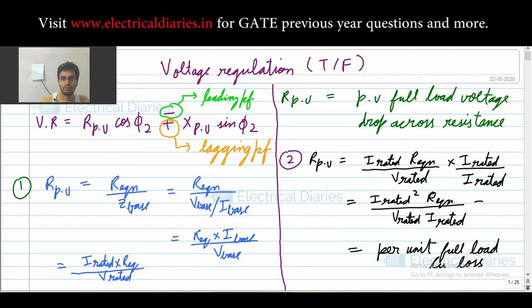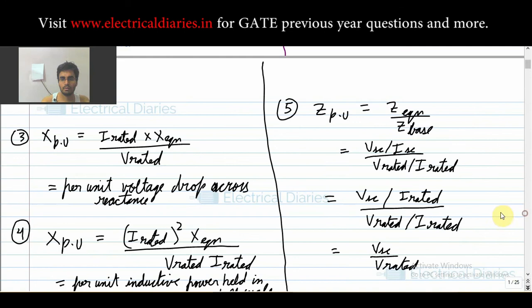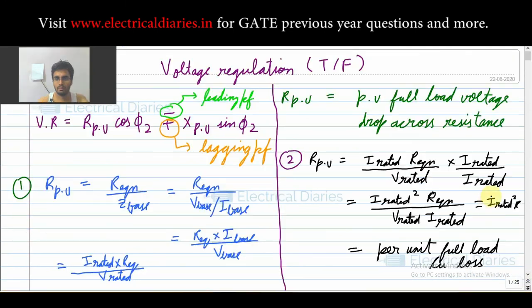And one more thing you should remember: I rated square R equivalent divided by V rated into I rated will be S base. Now since we are using the rated values as the base values, this S base is the same as the S rated.